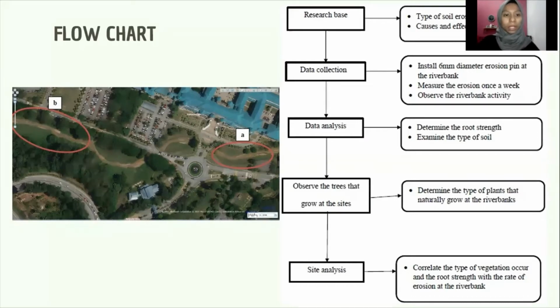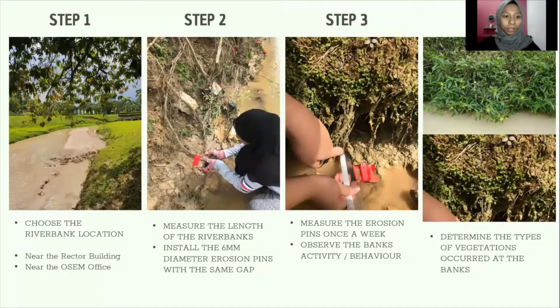Both locations consist of two sections, a straight section and a bend section, and in each section the erosion pins have been installed at both sides of the bank, the right bank and the left bank.